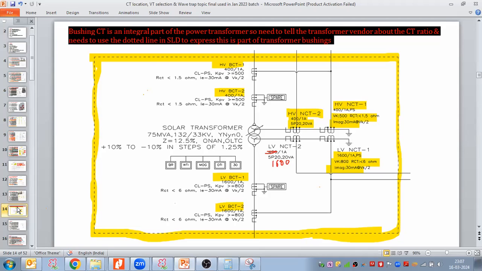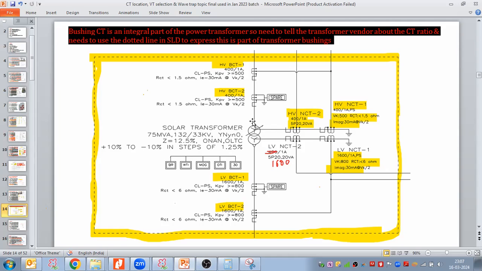From my SLD point of view, this is very important. When you are preparing the SLD, you have to make a dotted line. This dotted line represents your equipment. It means the transformer, phase bushing CT, neutral bushing CT, LV neutral bushing CT, all the CTs are part of the transformer.